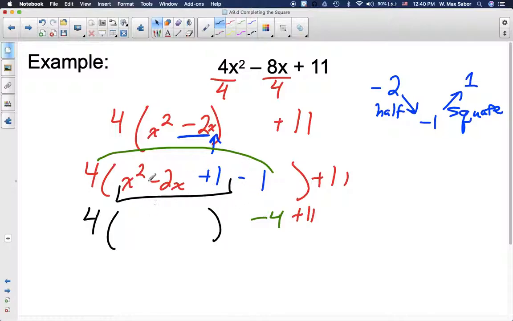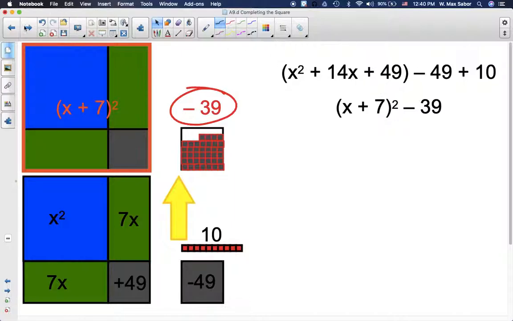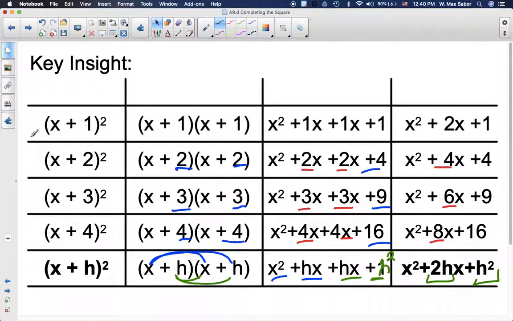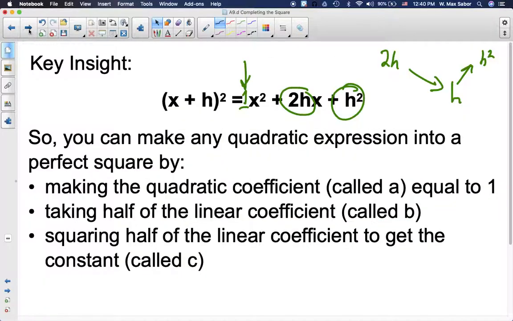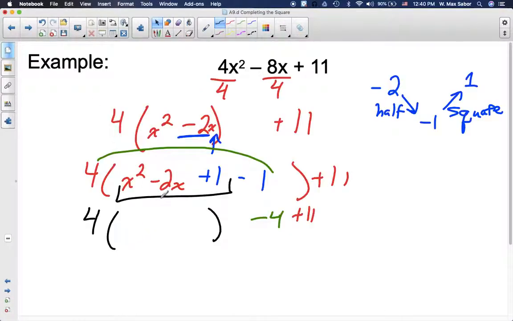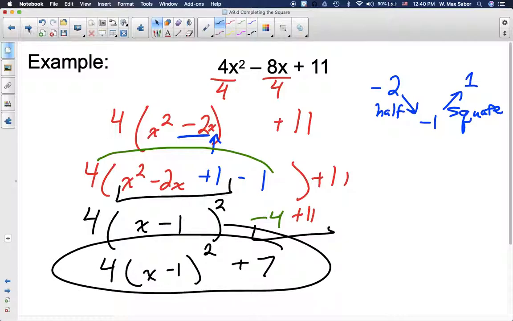Well, this piece we recognize from earlier as our perfect square. x plus 1 squared was x squared plus 2x plus 1; here we had x squared minus 2x plus 1, so this is x minus 1 squared. So 4 times x minus 1 squared plus, combining those like terms, 7. That's how we complete the square.